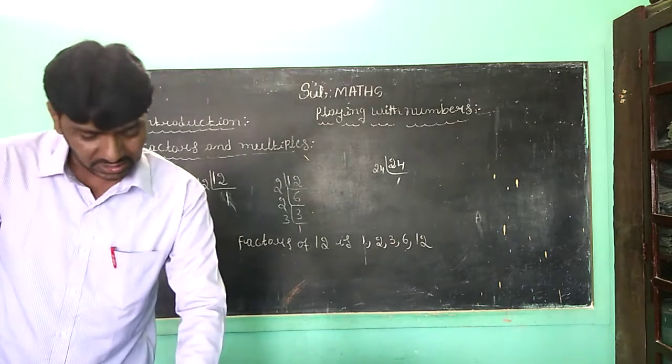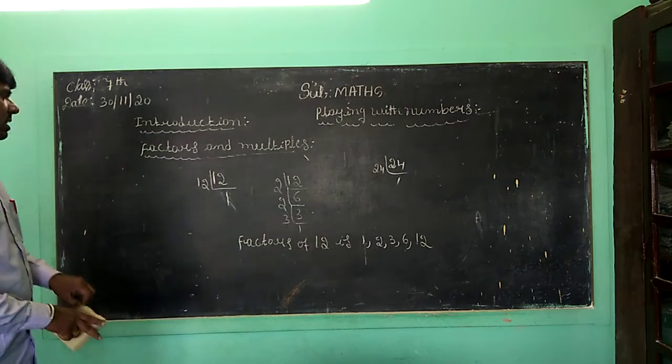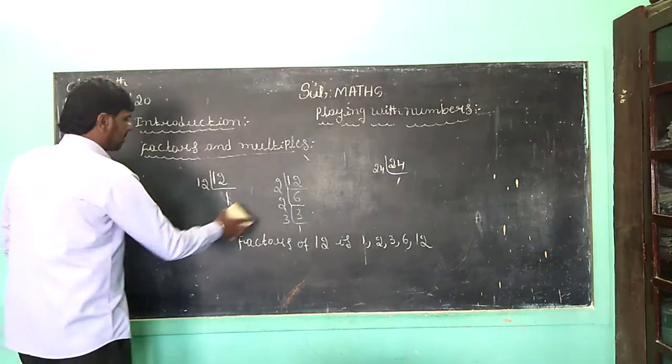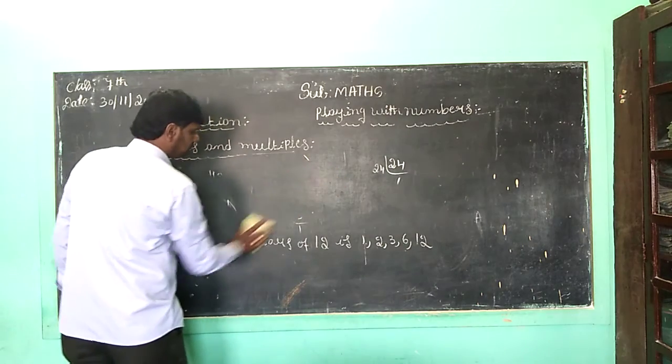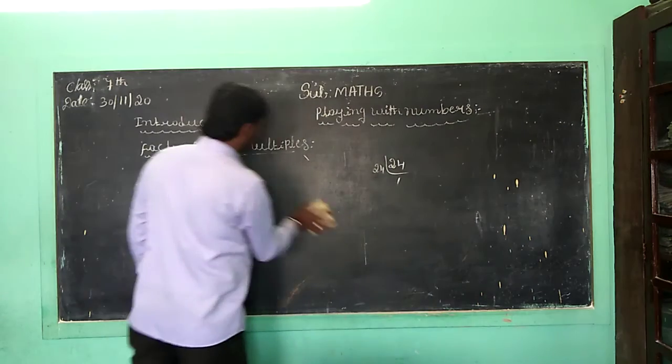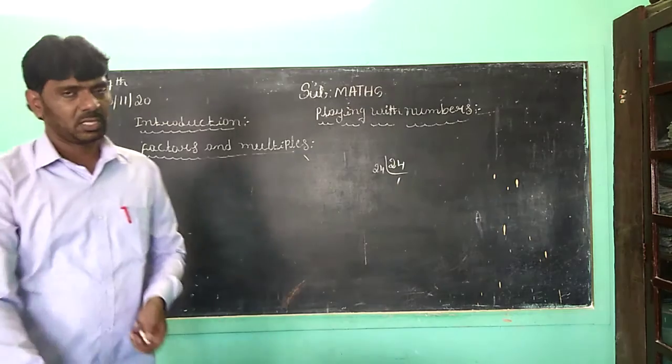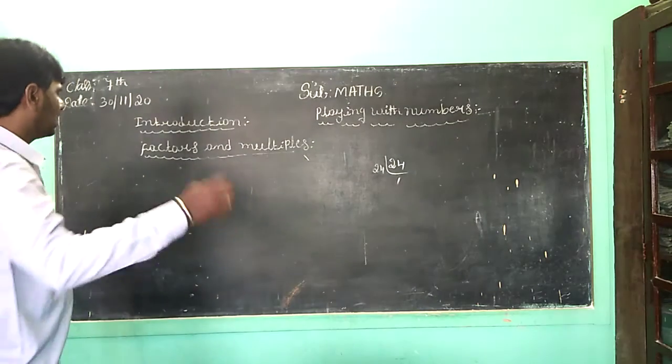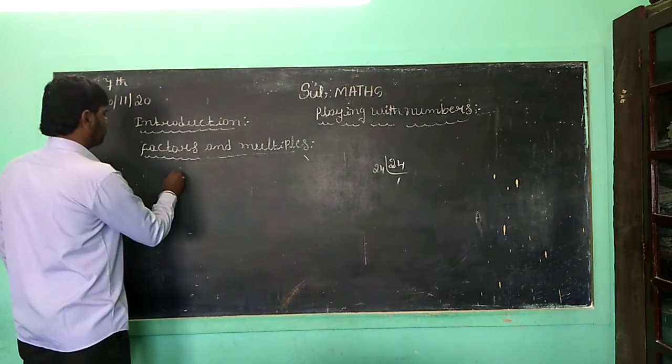Children, now we take that the number of multiples is infinite. Suppose we write multiples of 12. The factors are limited, children. Multiples means multiples of 12.